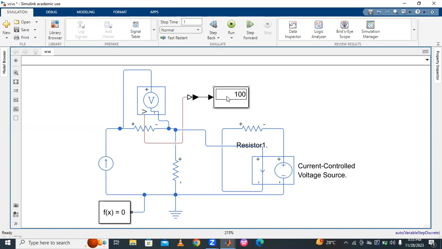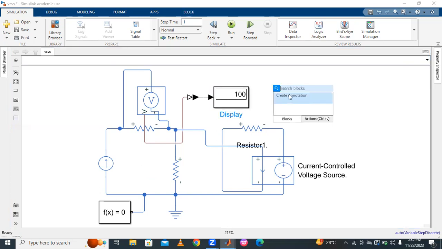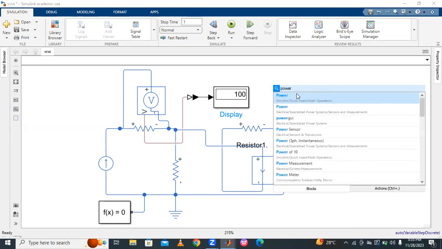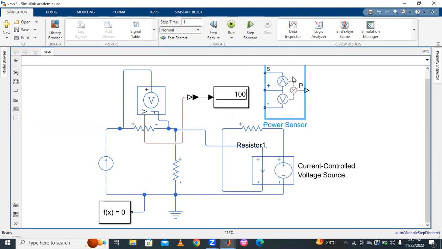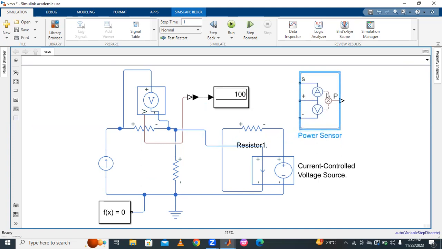Okay, this is called the power sensor. Understood? For example, if you want to measure the power across this, power across this.